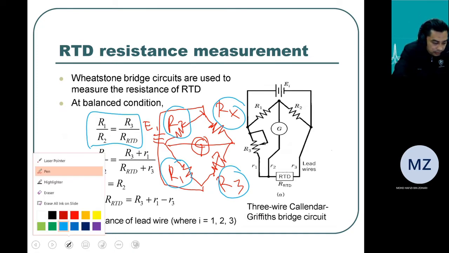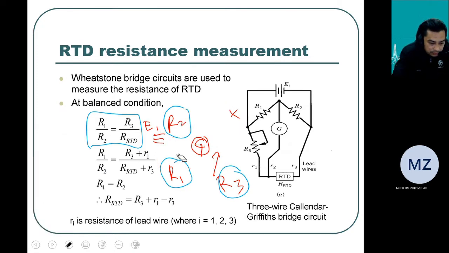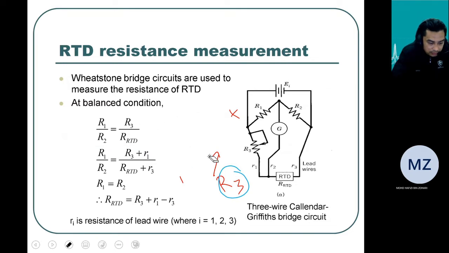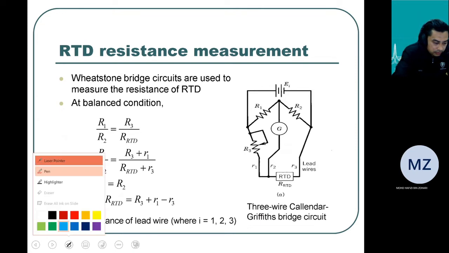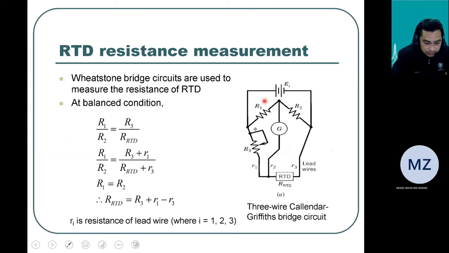If I can delete this one, delete again. So hopefully you understand. So if we look at this here, it has R3 and R2 and R1 as the additional wires. So when I have additional wires, of course it will decrease the resistance.